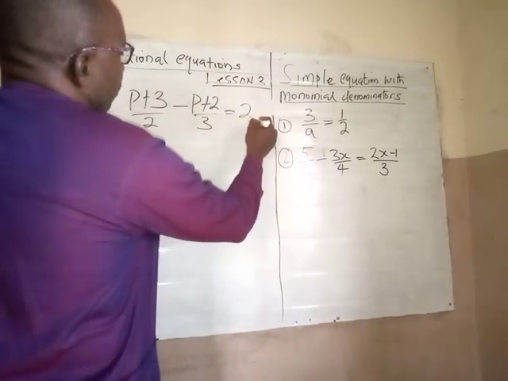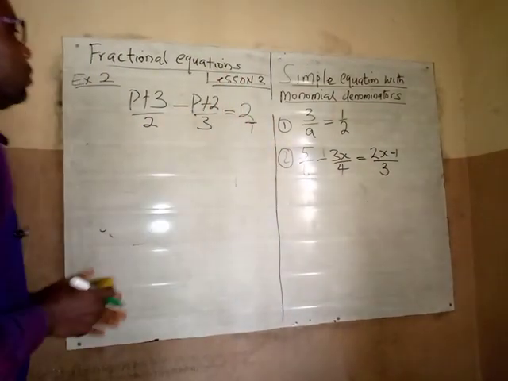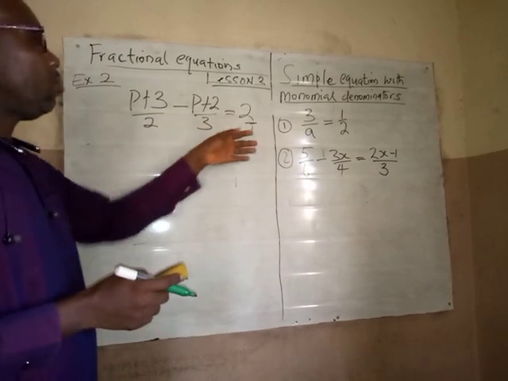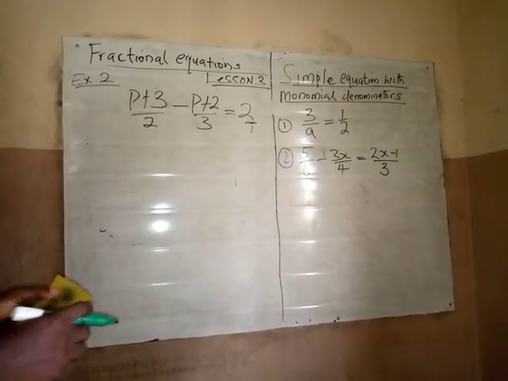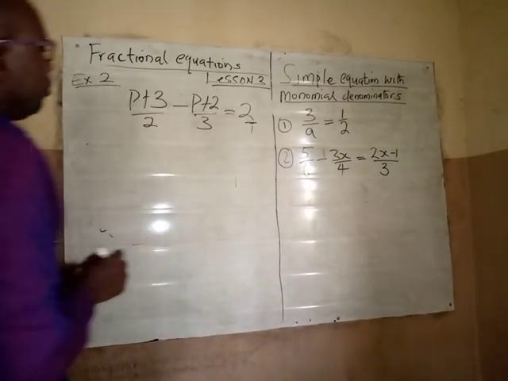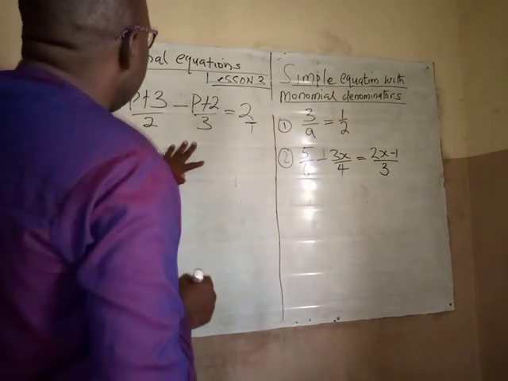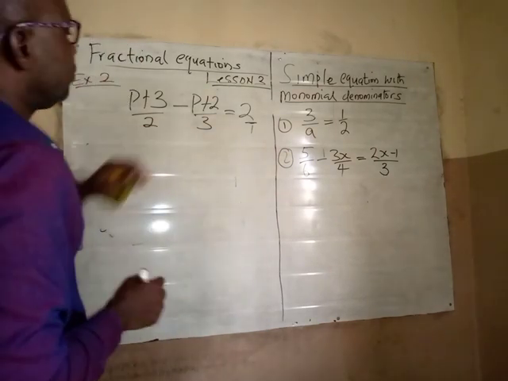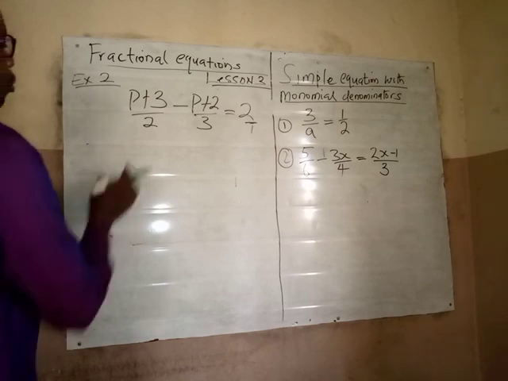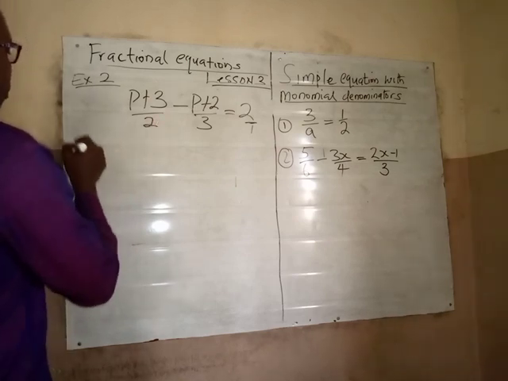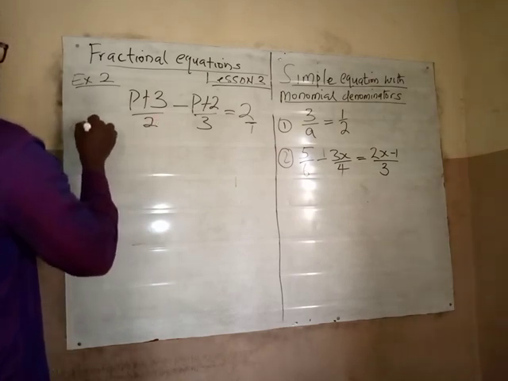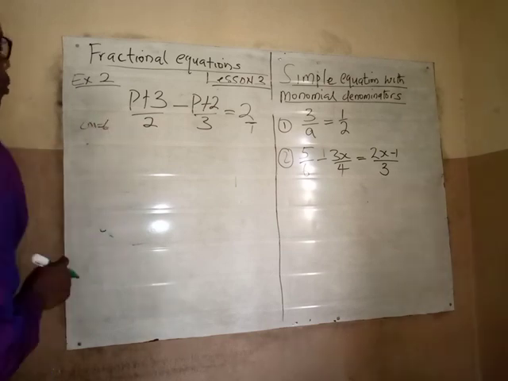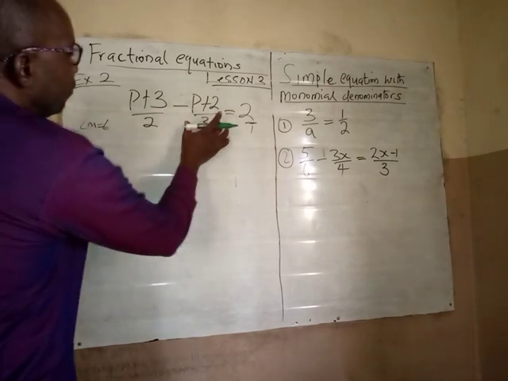If you also want to make this one a denominator, you say 1, 2, 3, 1. So the LCM of the denominators will be 2 times 3, which is 6. Use this 6 to multiply each of the items.